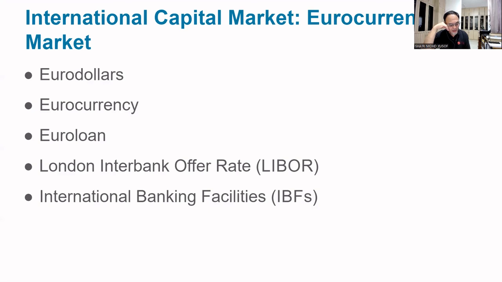IBFs also accept deposits from or make loans to only non-US residents. However, IBFs enabled US banks to compete with other international bankers on a more equal footing in the critical euro loan market.